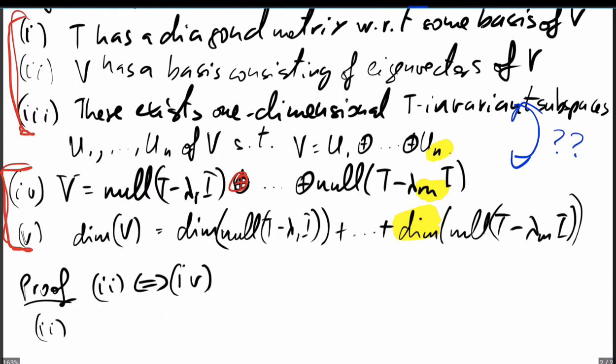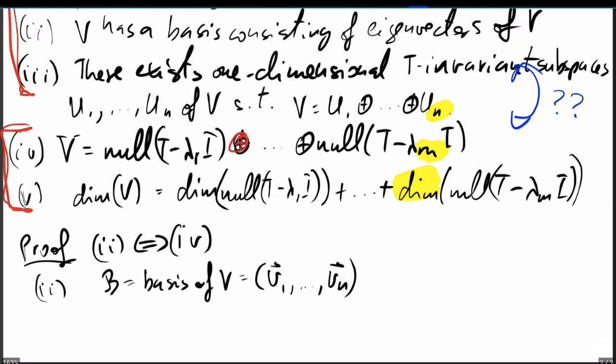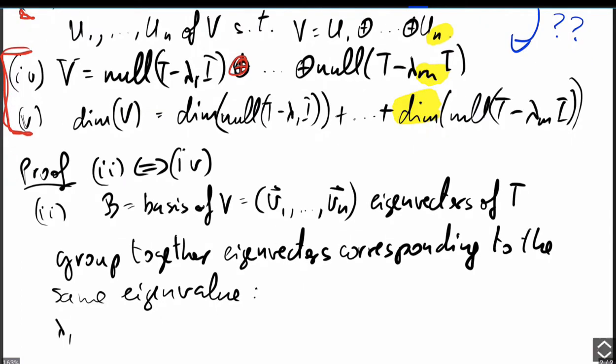So what we have from 2, if 2 is true, then we have a basis B of V. Let's say that we have n vectors, since it's n-dimensional, usual notation. These are the eigenvectors of T. So then what we do is we group together eigenvectors corresponding to the same eigenvalues. So let's say that we have lambda 1, and then we have eigenvectors, let's say v1 to vd1.